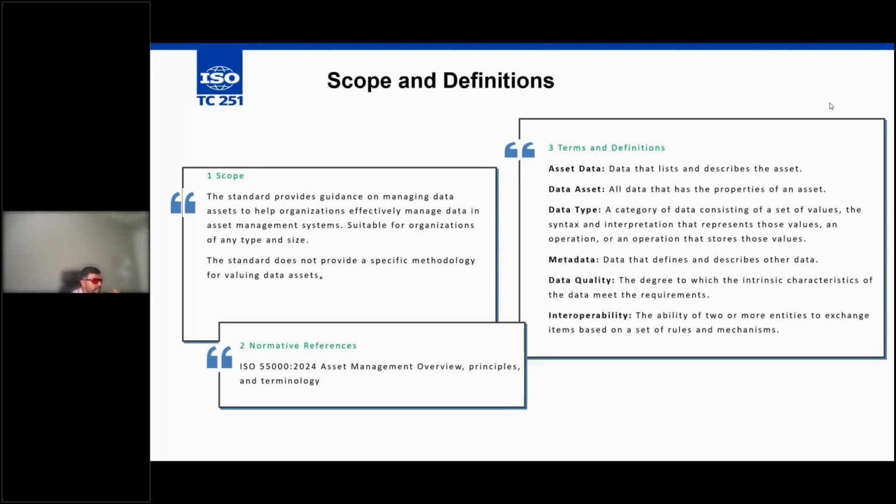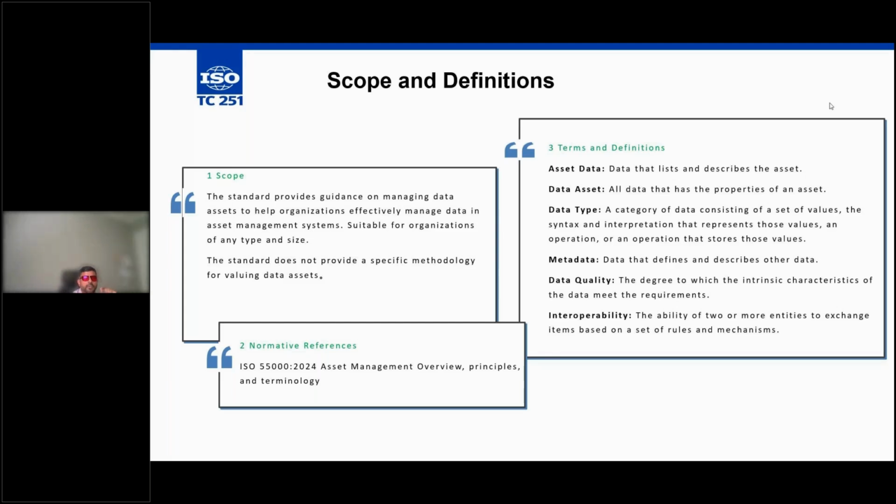What is the scope of the standard? The scope of the standard is that it provides guidance on managing data assets to help organizations effectively manage their data in the asset management system and deliver asset management objectives. A key aspect we clarify is that it does not provide a specific methodology to value data assets, because we did get a lot of questions early on about how to value data in an organization.